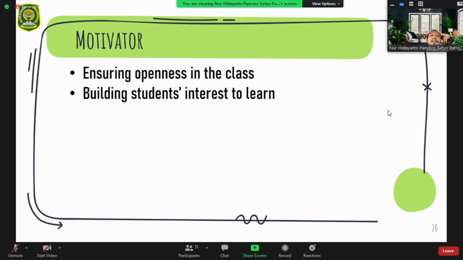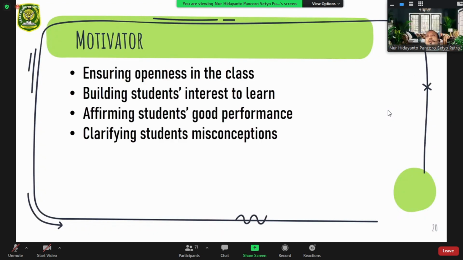Okay, motivator, yes. I'm pretty sure that everyone in this Zoom room, 70 attendees of this Zoom room, are great motivators. Dari mana? You can motivate yourself to join this seminar. It means you are a good motivator, at least to yourself. And once you are good at motivating yourself, then you will be good at being a motivator for others.